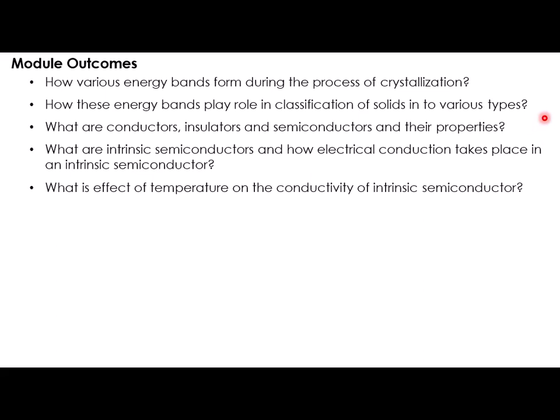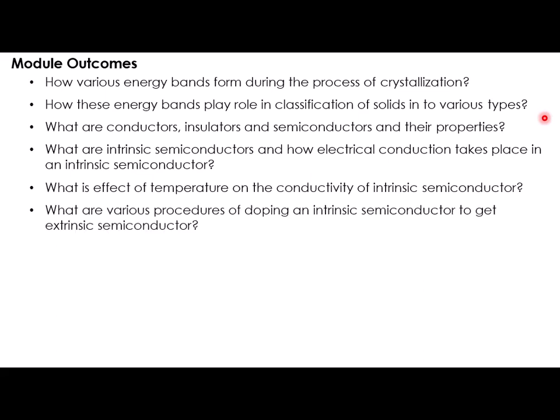How, if you are changing the temperature, the conductivity of an intrinsic semiconductor is changing, that you will be able to answer. Further, you will be able to answer what are various procedures of doping an intrinsic semiconductor to get extrinsic semiconductor.